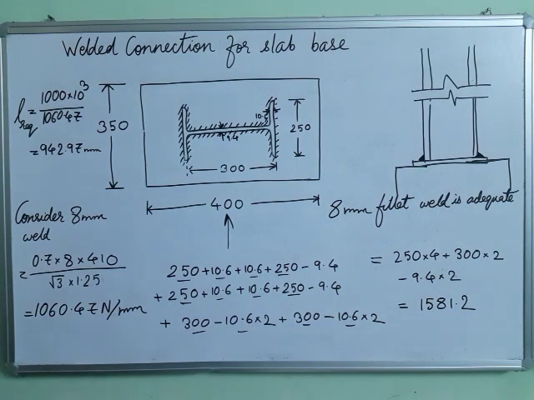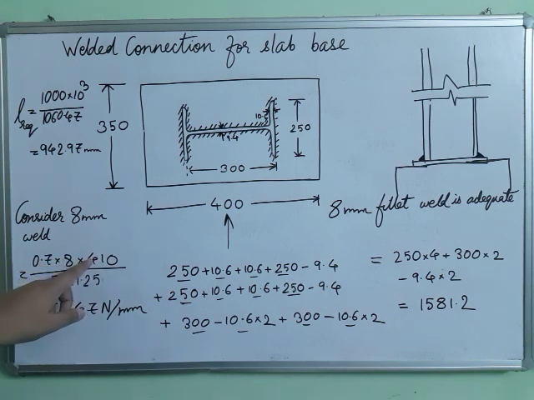I just want to tell you that this formula, please remember. First you consider the size, consider 8 mm size of weld, then you find out the strength of the weld per unit length. So that will be 0.7 into size of the weld into the ultimate stress.